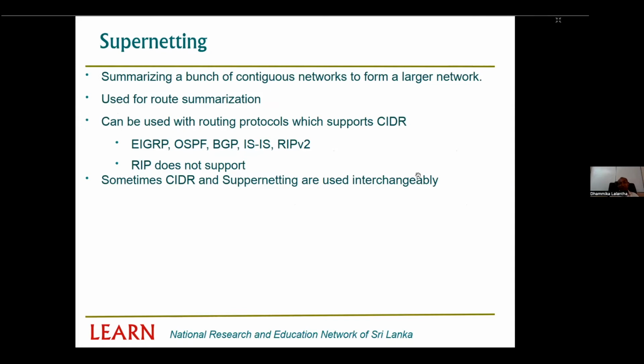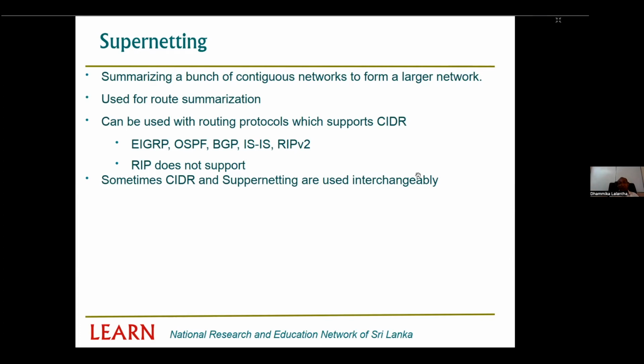In route summarization, as I said, we use a single route entry to represent multiple route entries. CIDR supernetting can be used in routing protocols which support CIDR. Most of the routing protocols support CIDR, such as EIGRP, OSPF, BGP, IS-IS, and RIP version 2.